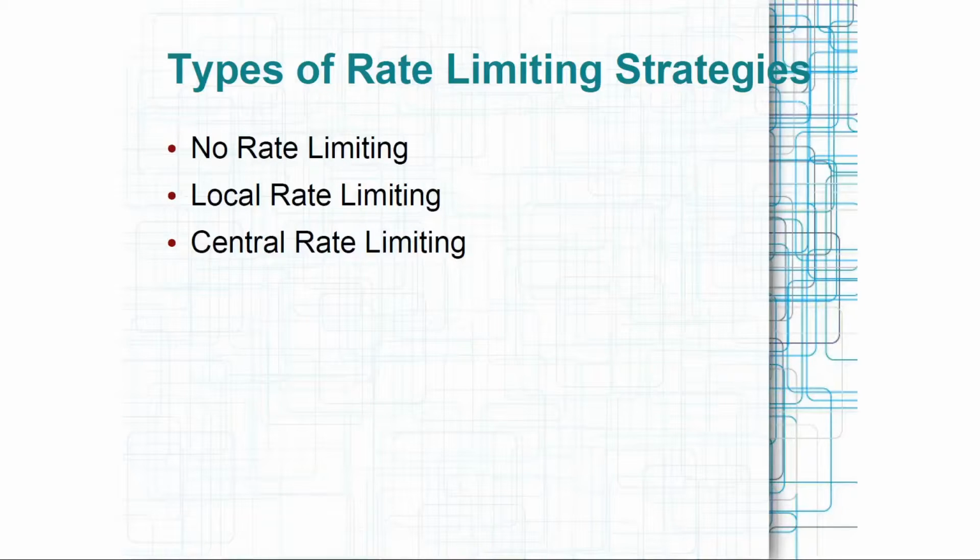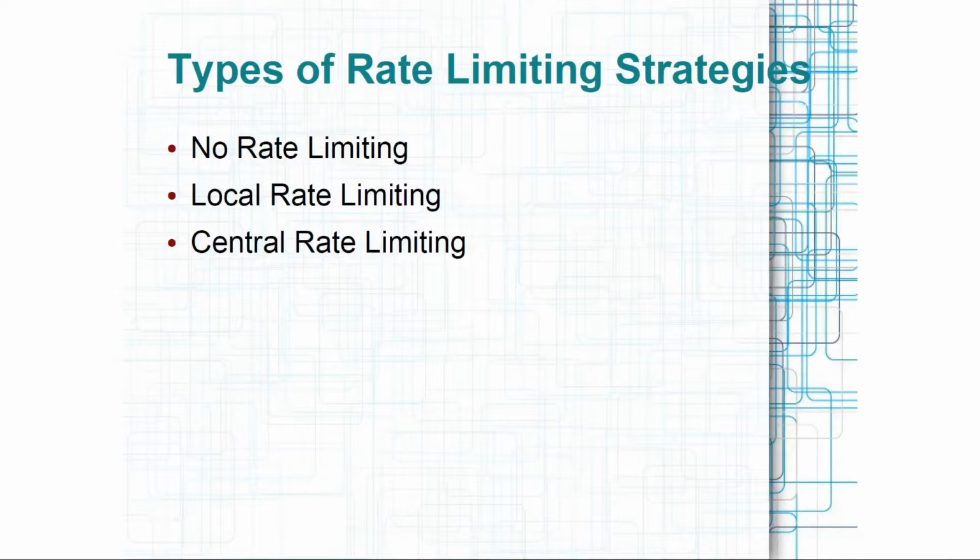Different organizations can have different strategies when it comes to rate limiting. Some may choose to not have any rate limiting at all, like the one that you saw right now. Some may have a local rate limiting, which means that every application server instance has its own maximum rate set into it, and anything exceeding that gets rejected.